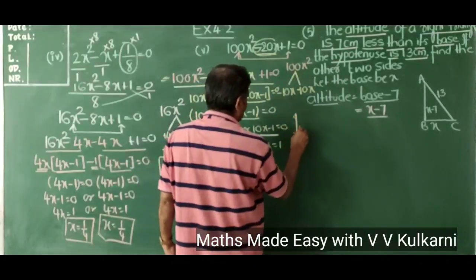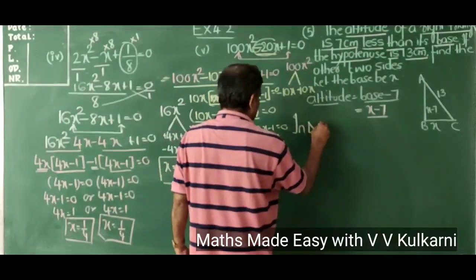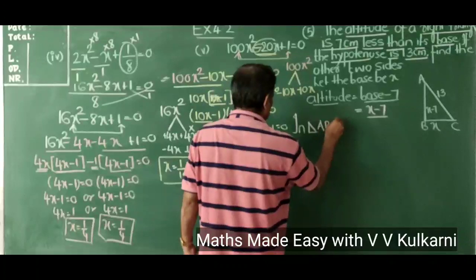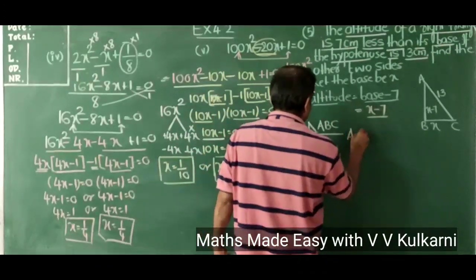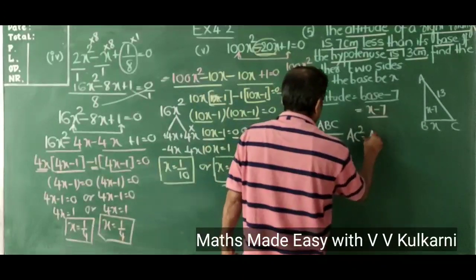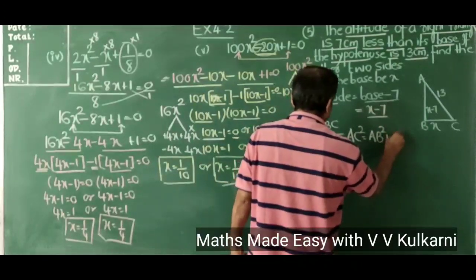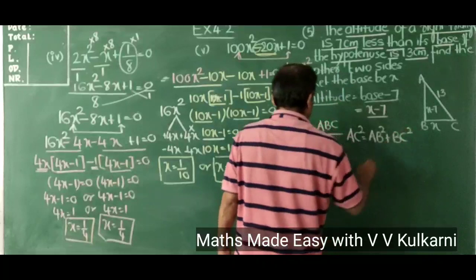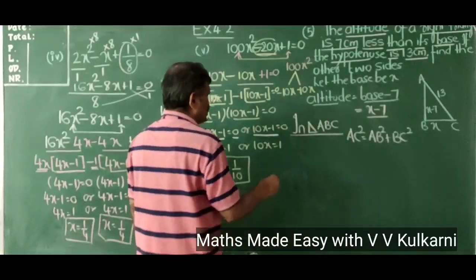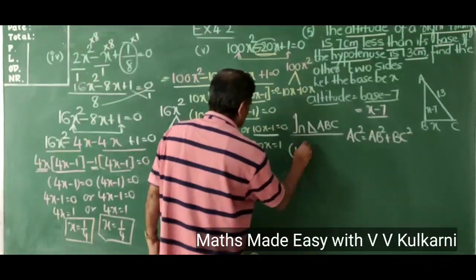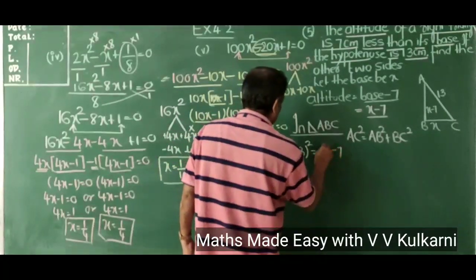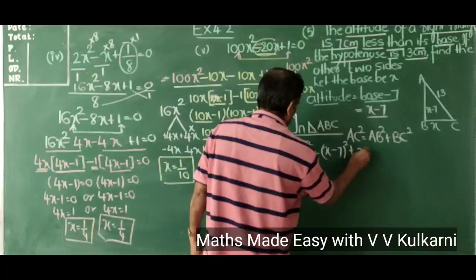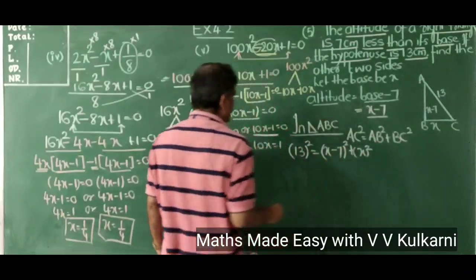In right angle triangle ABC, AC square is equal to AB square plus BC square. So 13 square is equal to x minus 7 whole square plus x square.